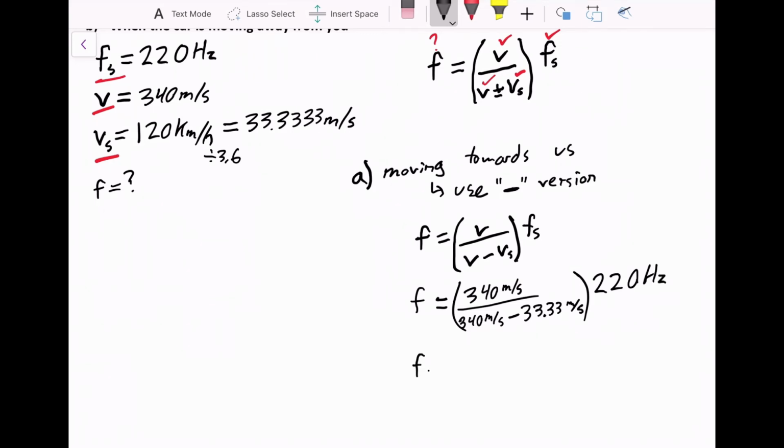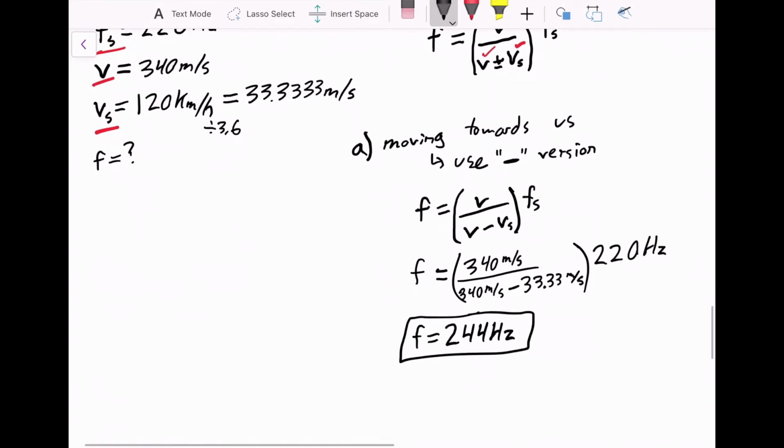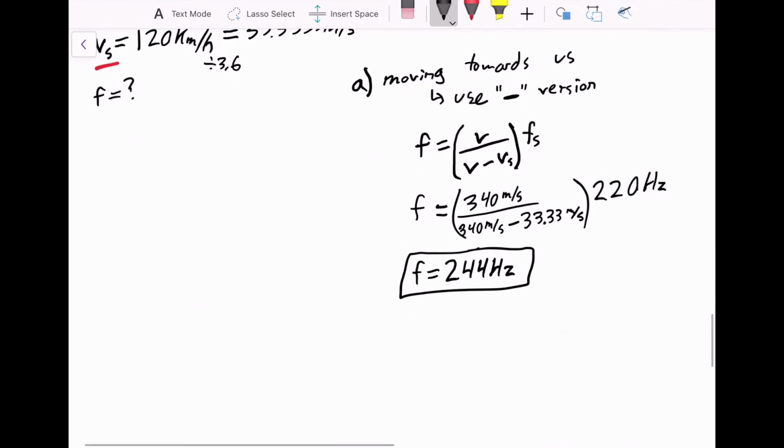And if we do this calculation, we find that the apparent frequency is 244 hertz when it's coming towards us. So it sounds a little bit higher pitched when it's coming towards us than it actually is. Similarly, for part B, it's moving away from us.